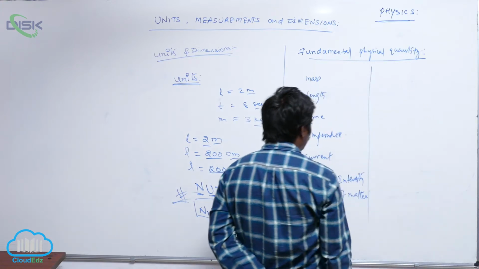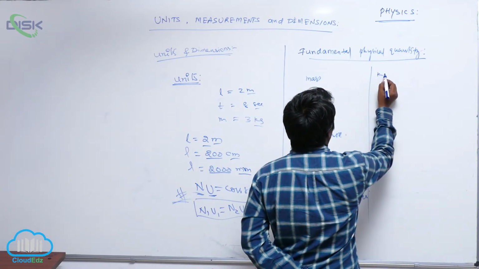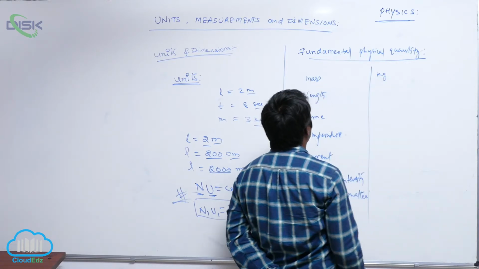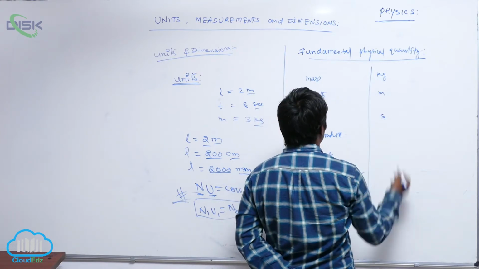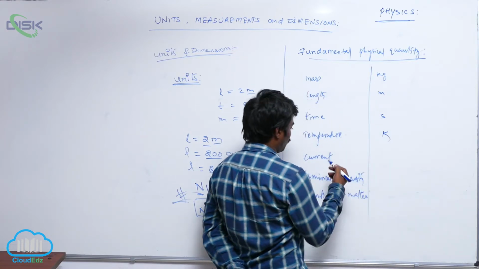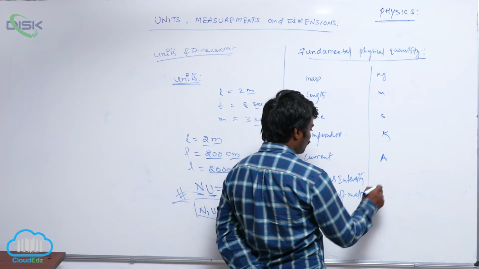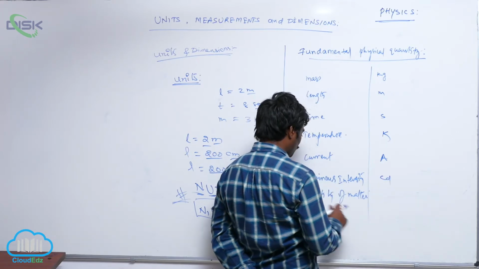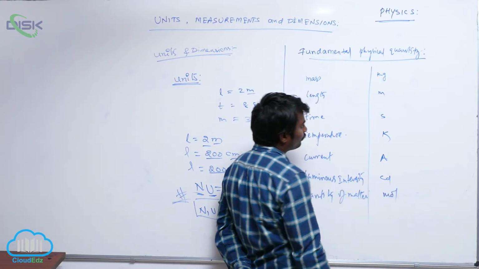And the units of all these physical quantities are kilogram, that is kg, length meter, time second, temperature Kelvin, electric current ampere, luminous intensity candela, quantity of matter is mole.